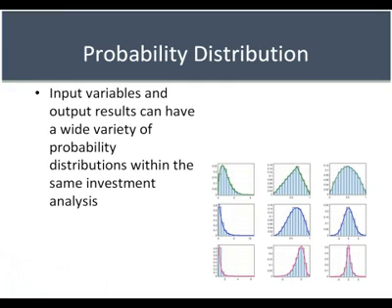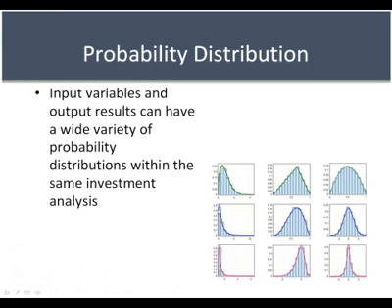Probability distributions. If you've got, let's say, that PV example, a range of expected energy production, just the weather alone will fluctuate enough to have the energy production of PV change year to year. So we might say, okay, it's going to look close to a bell curve for that.